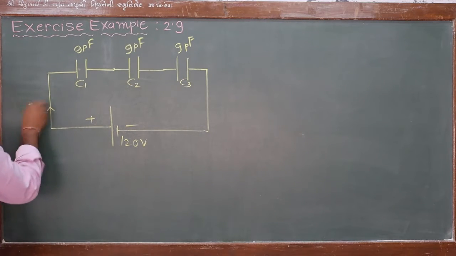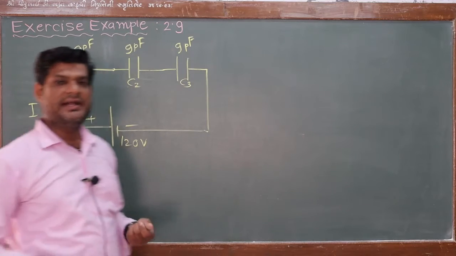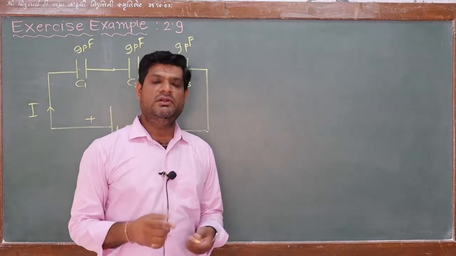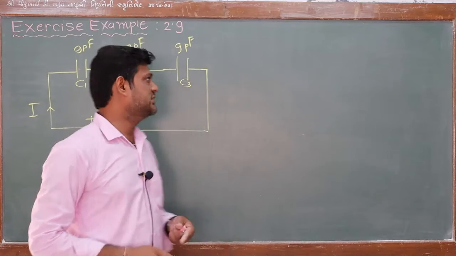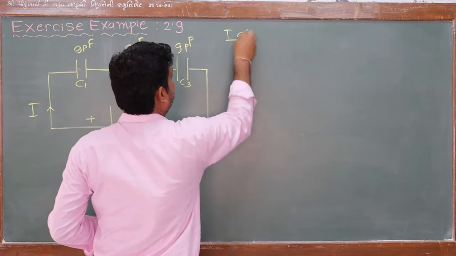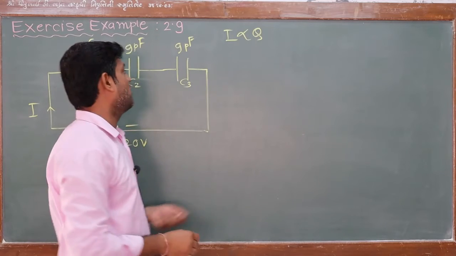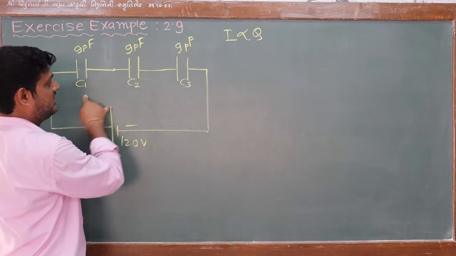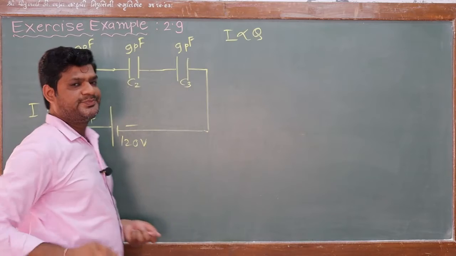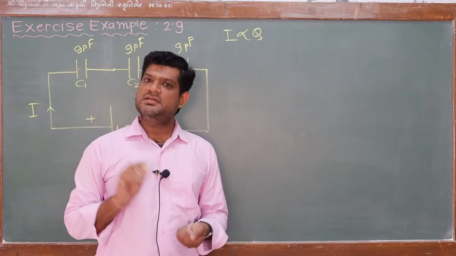See students, these three capacitors are in series, so current will not divide. Obviously we can say that I is directly proportional to Q, so the charge will not divide. The charge on each capacitor, on C1, on C2 and C3, will remain the same.